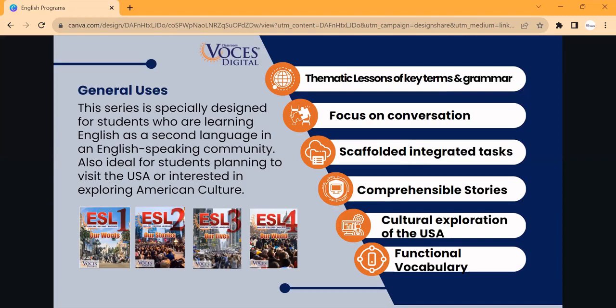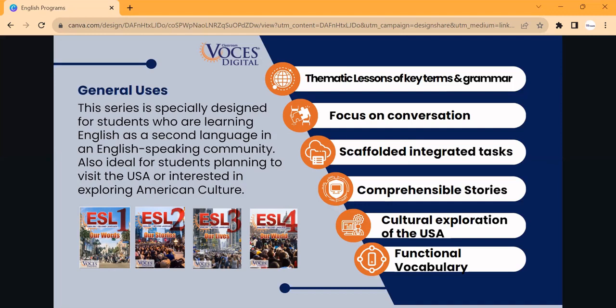There are thematic lessons for this series that focus on key terms and grammar. We also focus on conversation. We provide scaffolded integrated tasks for each of the different activities that we have designed for this series.